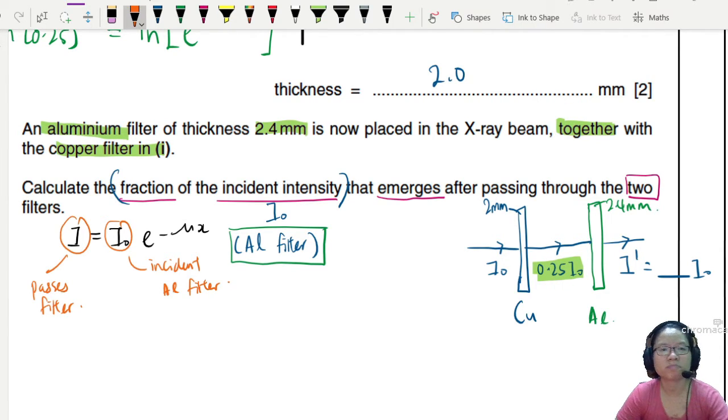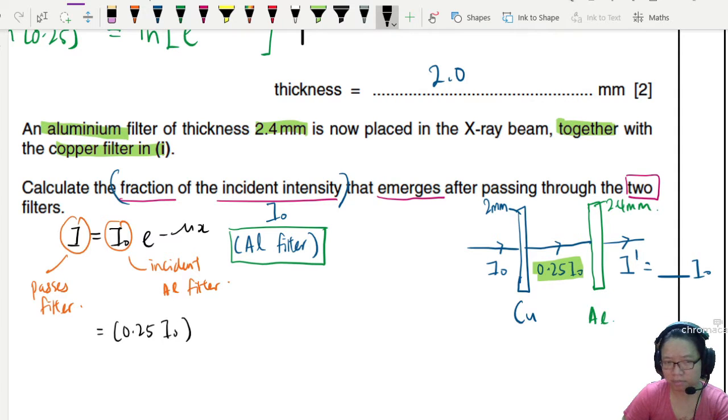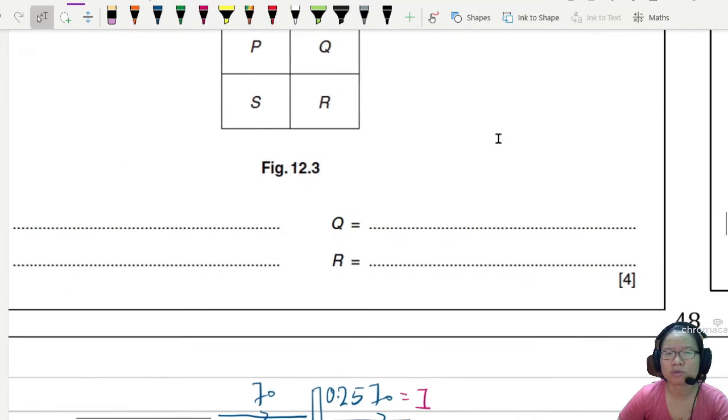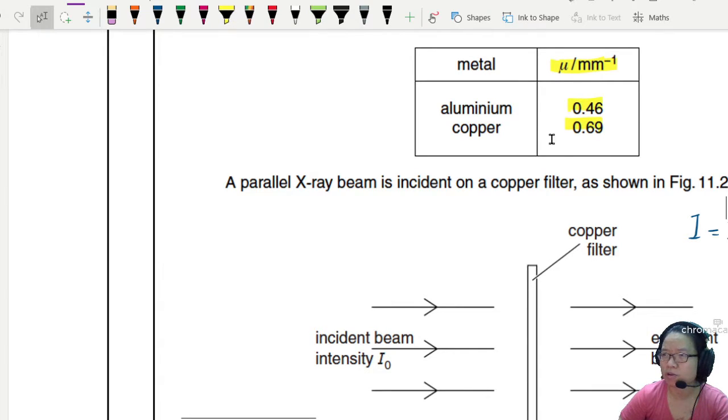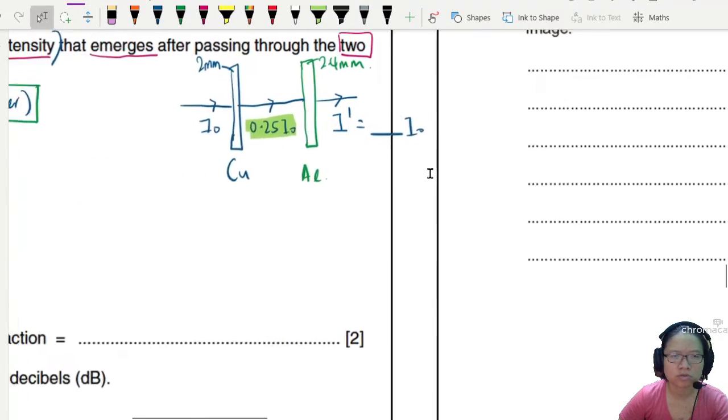So the incident on the aluminium filter would be 0.25 I0. Then e to the negative... What is the linear absorption coefficient for aluminium? Let's go back to the table to look at it. Aluminium here is 0.46 mm⁻¹.